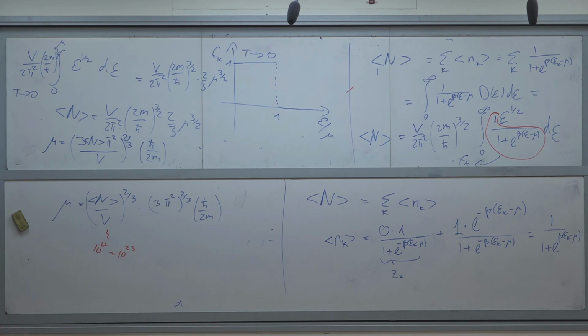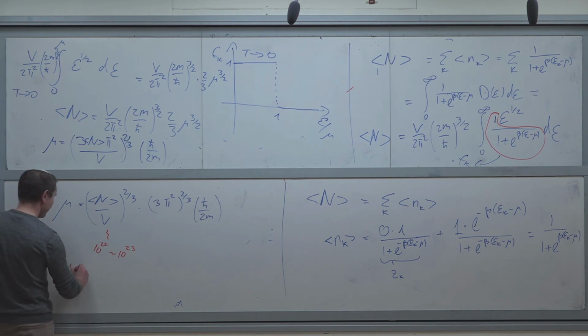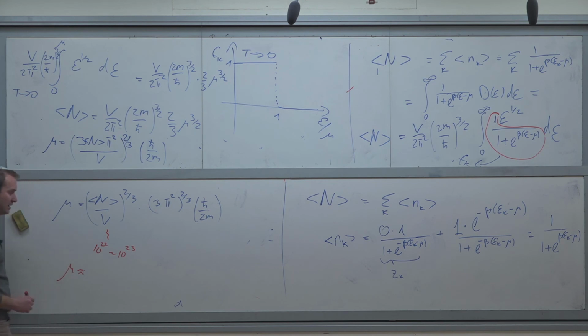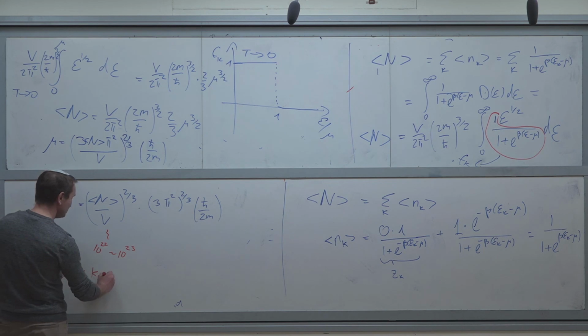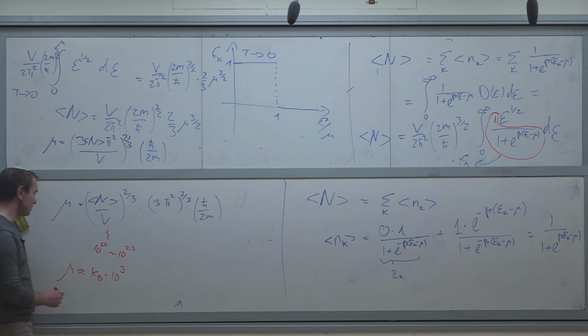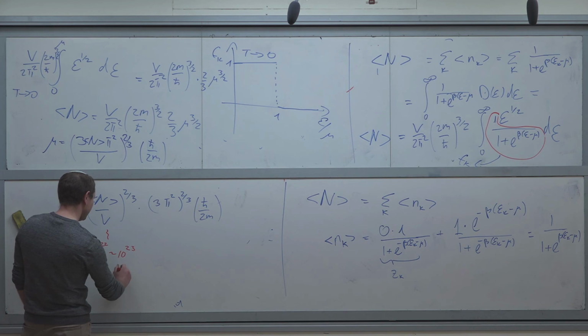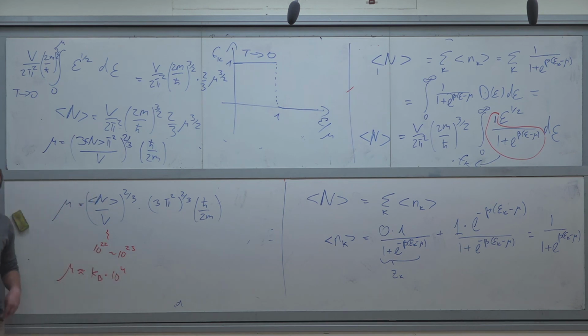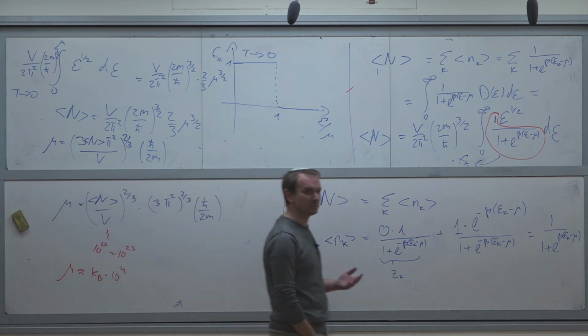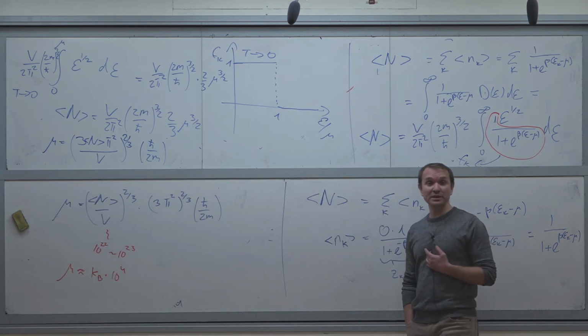If we put in all those numbers, we obtain that μ of this free electron gas is of the order of k Boltzmann multiplied by 10^4, so of the order of 10,000 k Boltzmann. This is our Fermi energy.